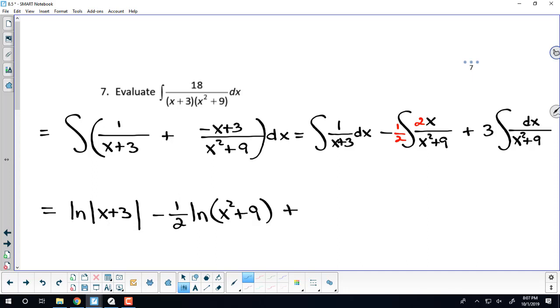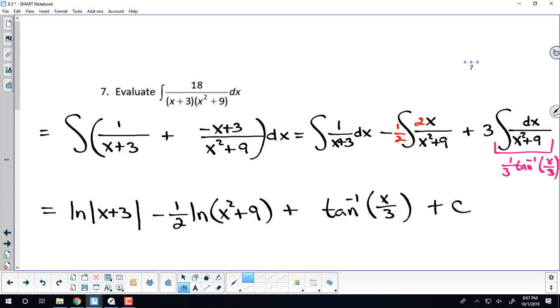Plus, what's the antiderivative of the far right term? 1/3, right. This whole thing. The antiderivative. That's 1/3 inverse tangent of x over 9, or sorry, x over 3. So the 3 out front times the 1/3 goes away. We just have inverse tangent of x over 3.